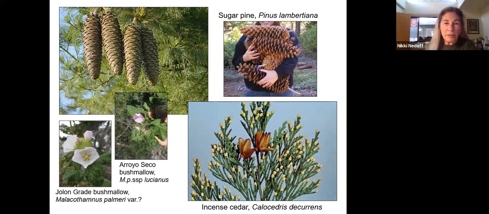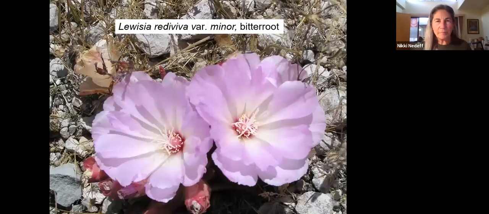This grouping of bush mallows in the Santa Lucia Range is actually about to be further divided, not into Malacothamnus palmeri variety whatever, but different unique species, because people are learning that they are individual species as opposed to varieties of the same thing, because we have DNA sequencing now and we can really refine and hone how we identify plants based on their genetic relationships.